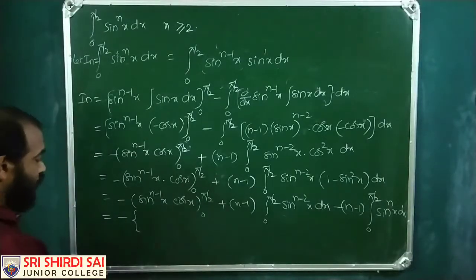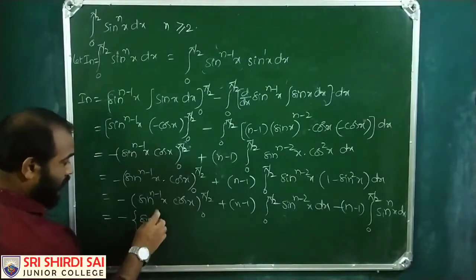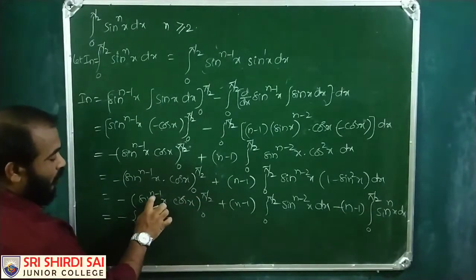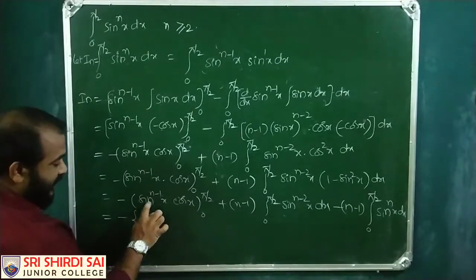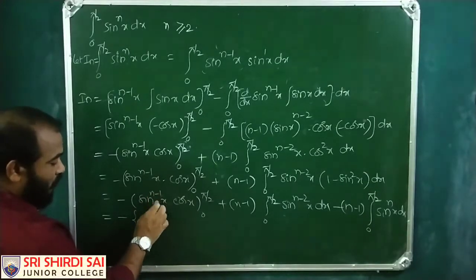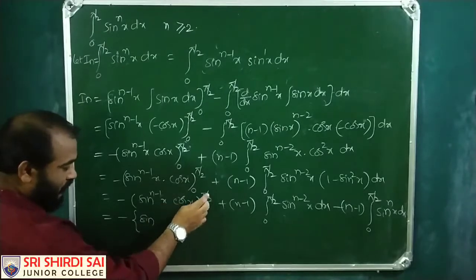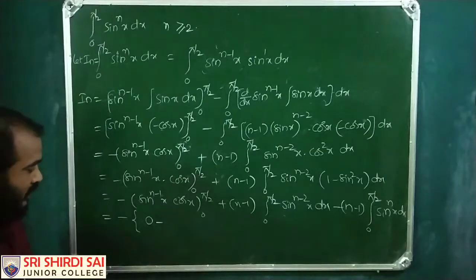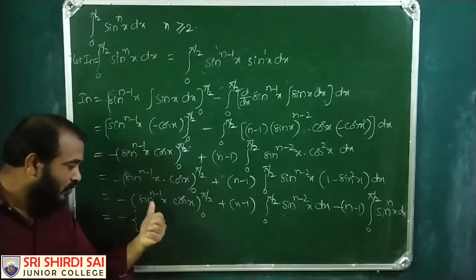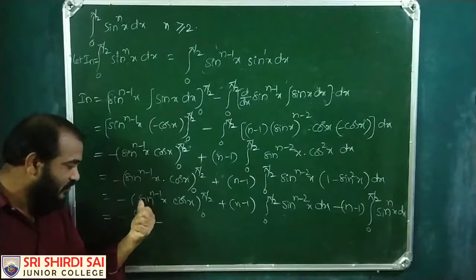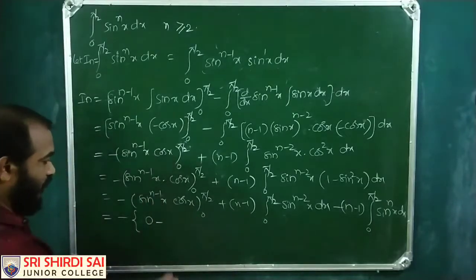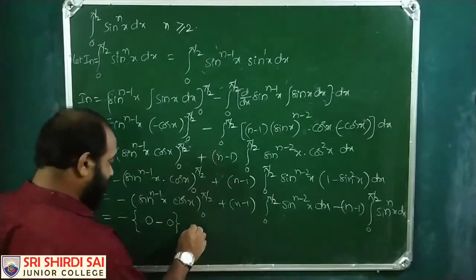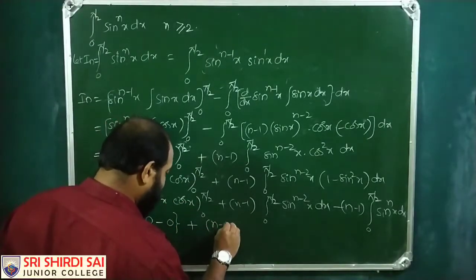So sin power n minus 1 x, with x as pi by 2: sin pi by 2 whole power n minus 1, sin 90, so 1 power n minus 1 is 1, into cos pi by 2 is 0. This is 0 as a whole. Minus lower limit now: sin 0 whole power n minus 1, sin 0 is 0, and 0 into something is 0. So actually the whole will be 0 here.